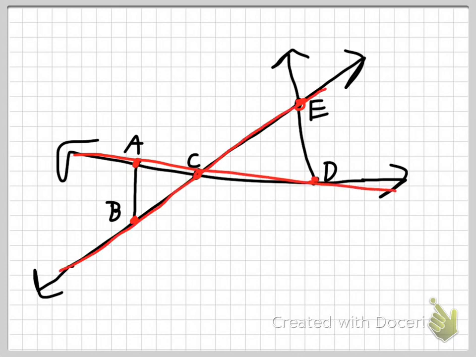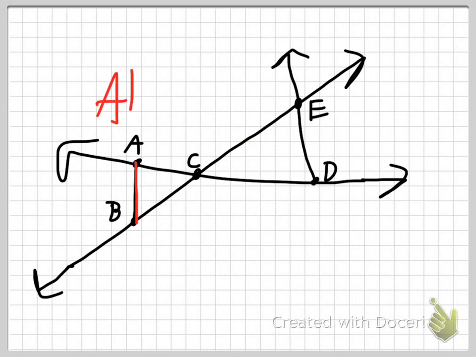Well, they have to be on the same plane. So those two lines are also considered coplanar lines. Then you also see here we have a segment AB, and we have a ray DE. So, okay, this is the basics of the plane.